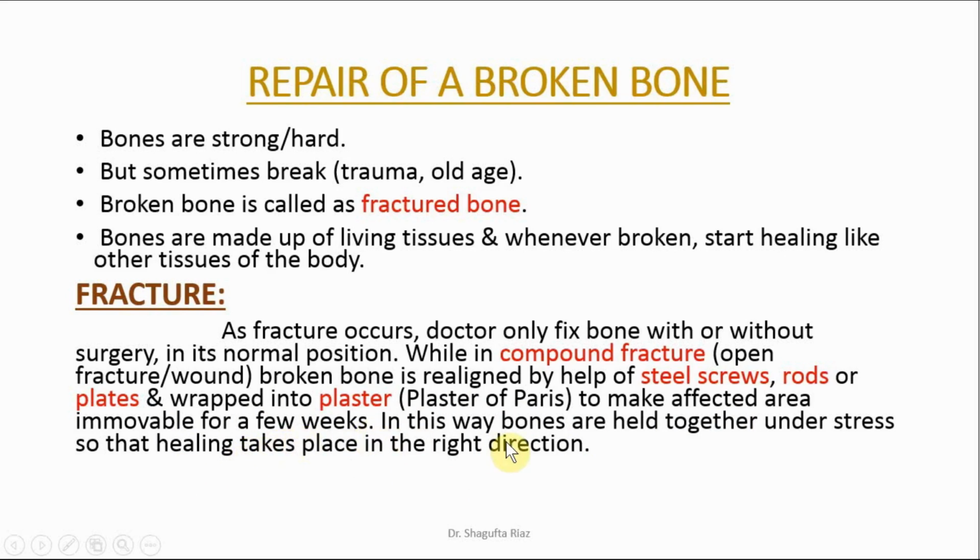In this way, bones are held together under stress by the plaster so that healing takes place in the right direction. When the broken bone is kept in the right place and held with the help of the plaster for a few weeks, it will allow the bone to heal in the right direction.